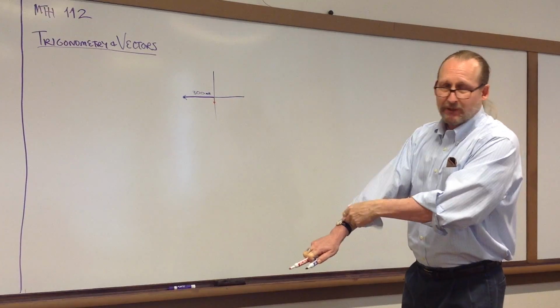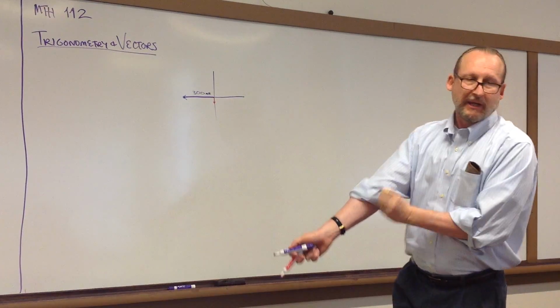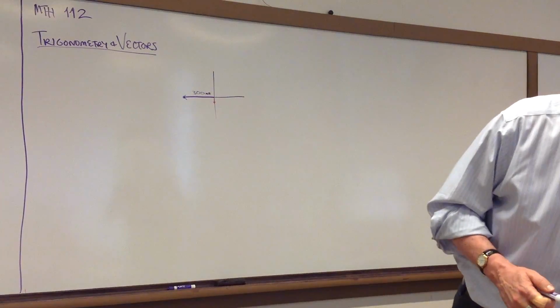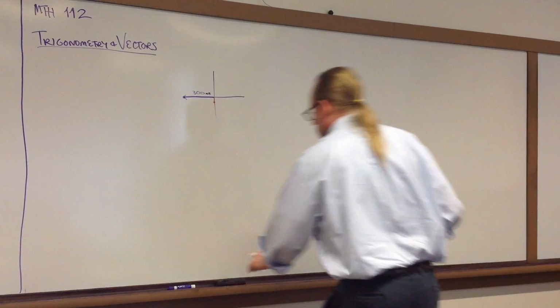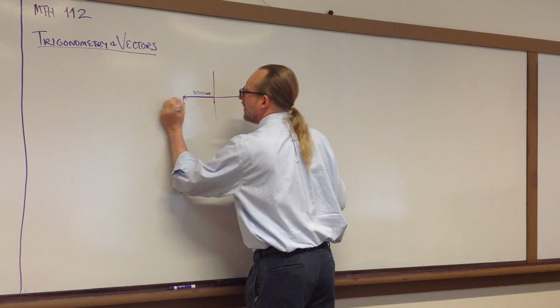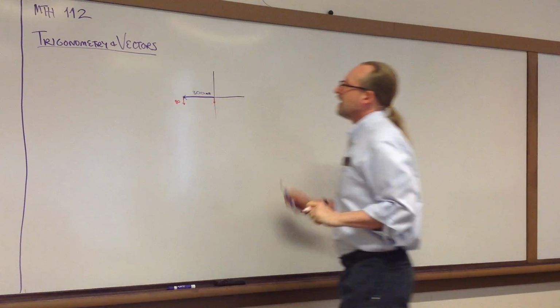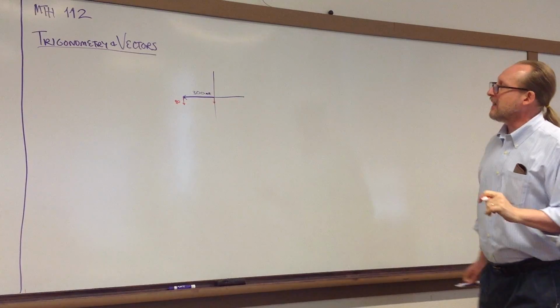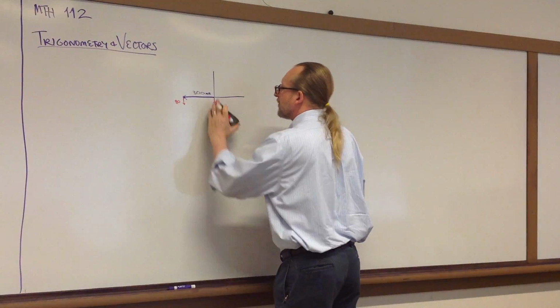But to find out how it's going to affect the airplane, and let's see, what's the speed of the wind? 80 miles an hour. To find out how it's going to affect the airplane, we put it onto the tip of the vector that represents the airplane.